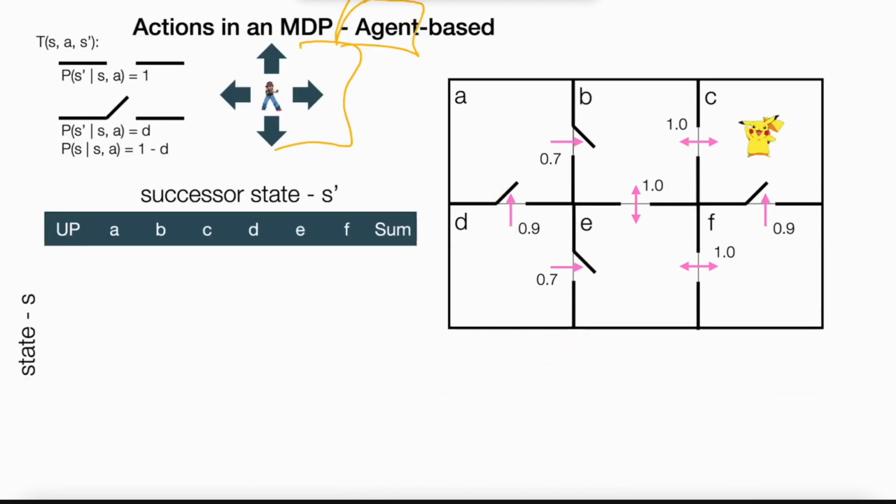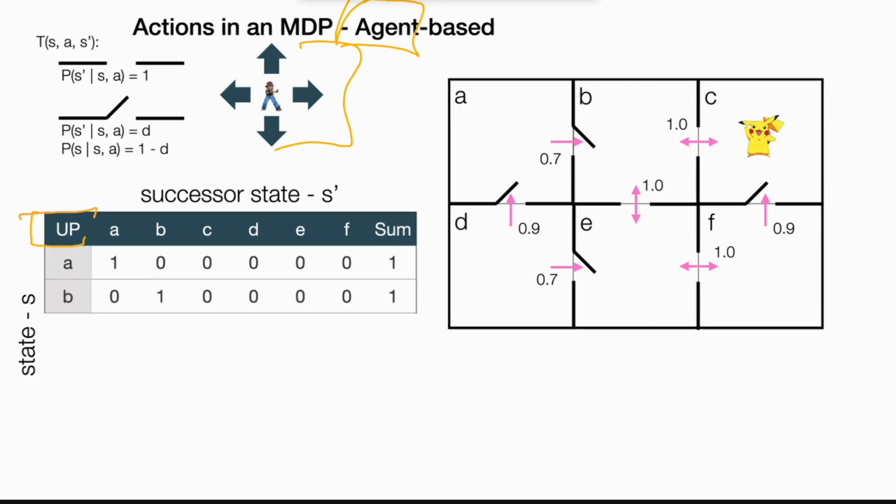If we do that, we can write down a conditional probability table for each action. So here, I would write down a probability table for the up action, and it tells me the transition probability of executing up in every state.